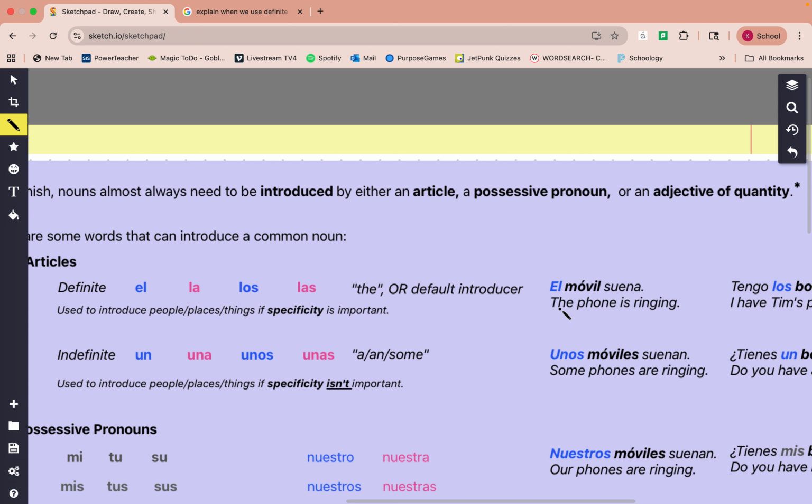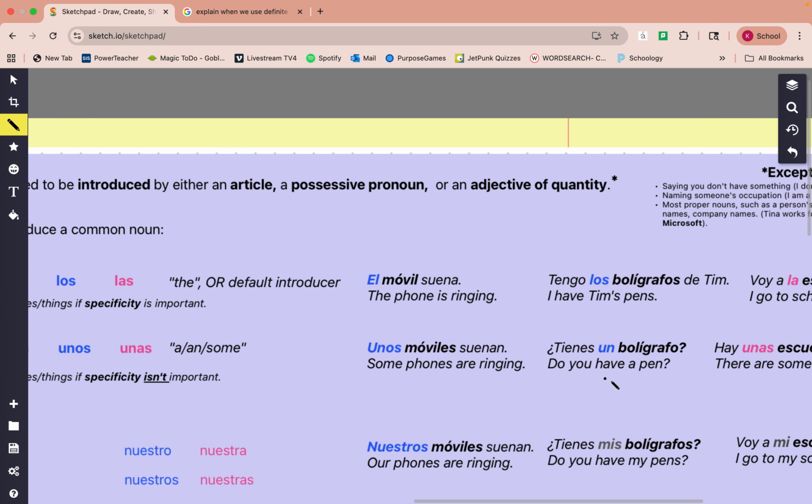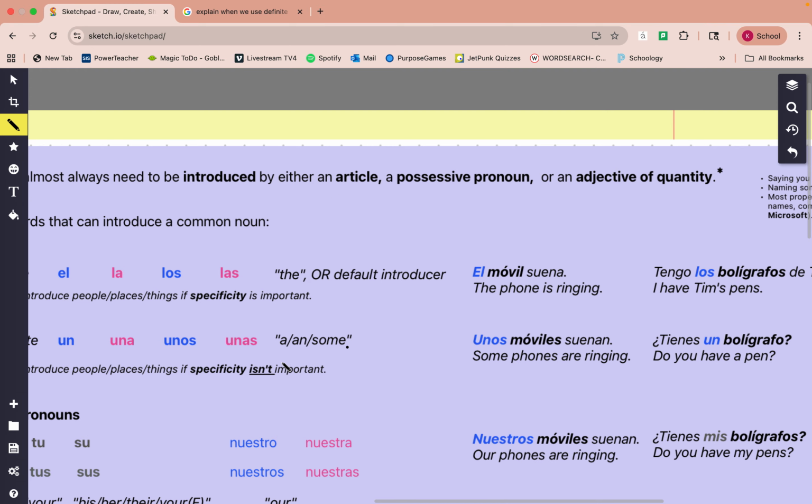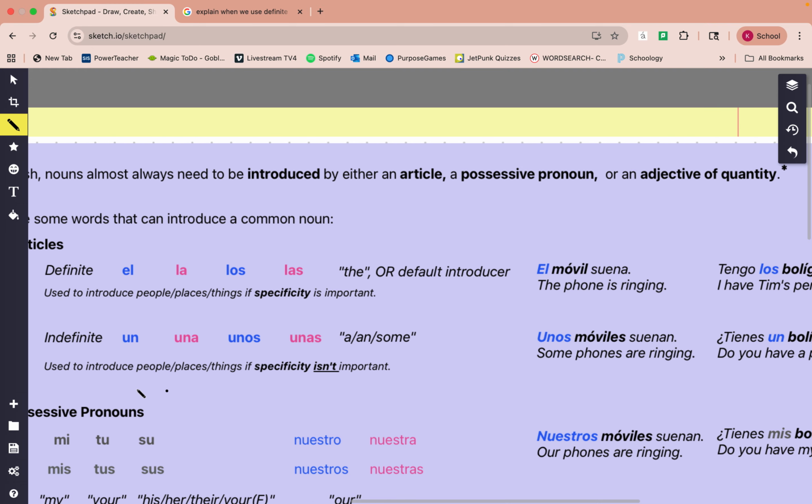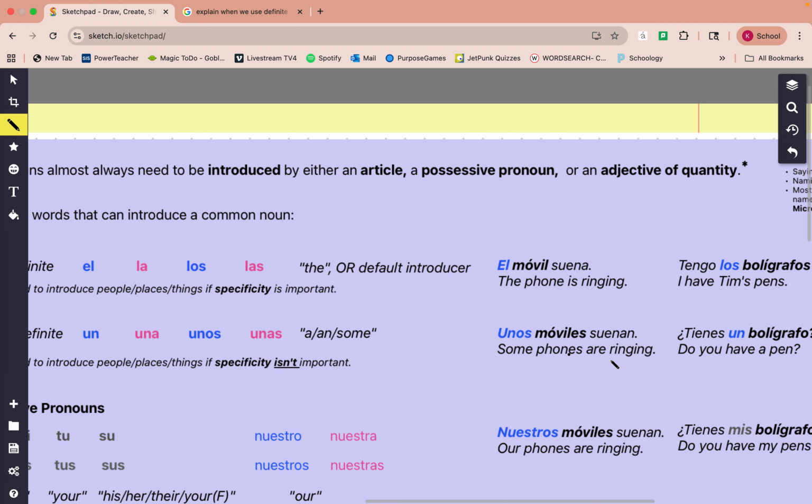So we have these in English too. Our definite article in English is the word the. So you could say that these 4 words, el, la, los, and las, translate to the in English. That is one possibility. We also have the words a, an, and some in English that we use as our indefinite articles. We use these words to say that the specificity isn't important, okay?